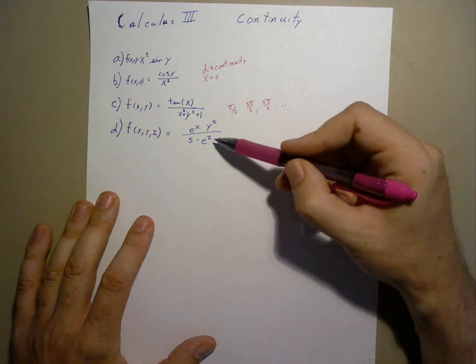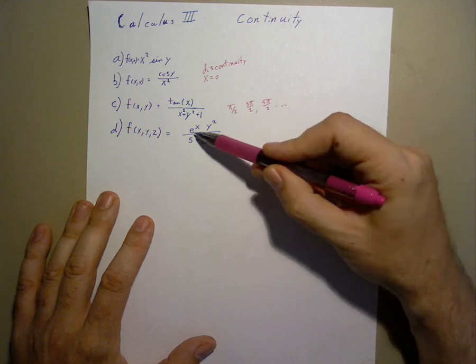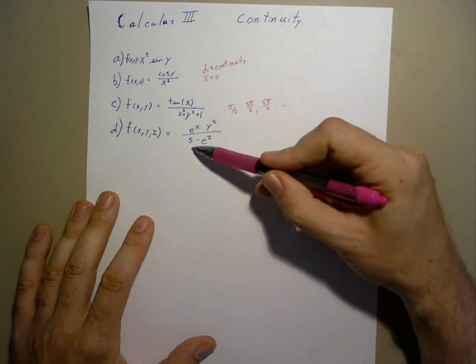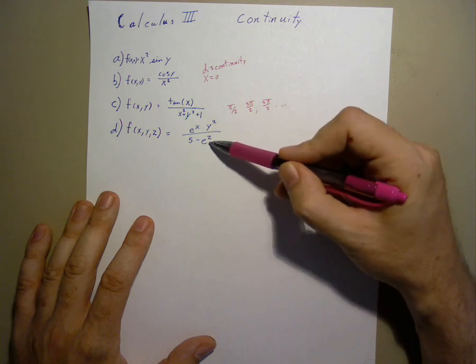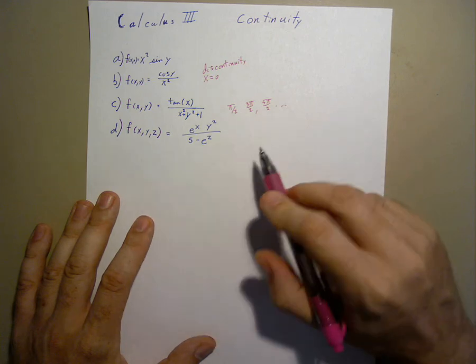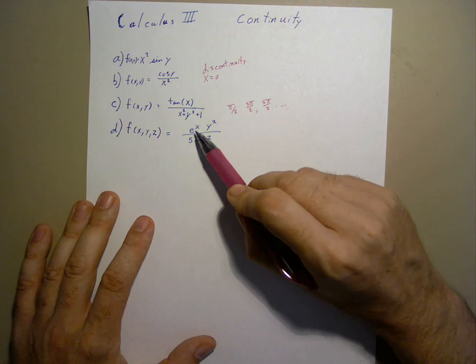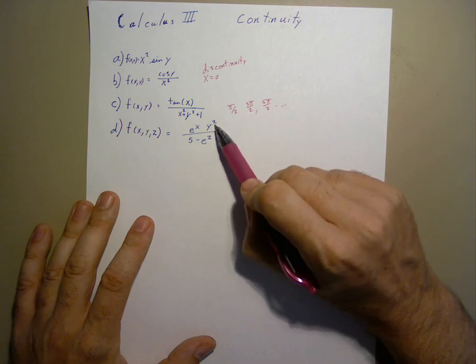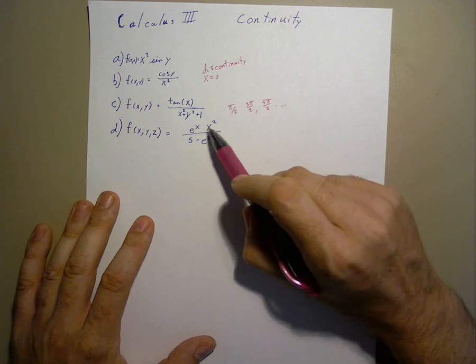Likewise, our final function, e to the x y squared over 5 minus e to the z, is a 3-variable multivariable function. The numerator, x squared times y to the power 2, is defined at all points.